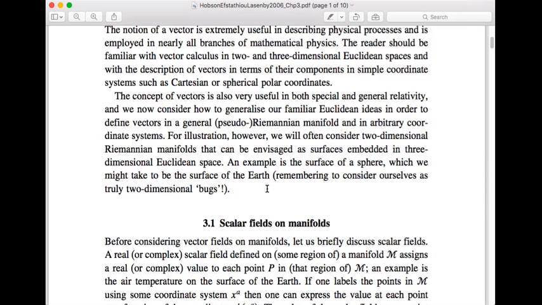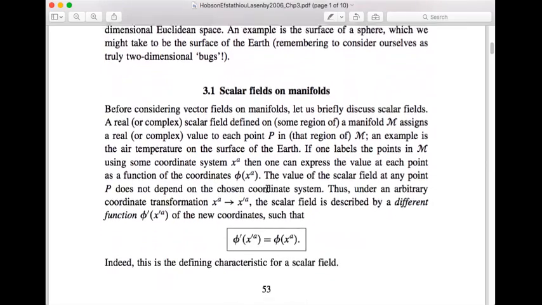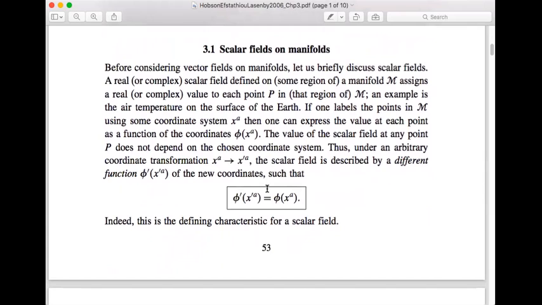In other words, we're going to use the sphere as our example because it's so familiar, and it really has almost all the mathematical properties we need. There are two big differences. It's two-dimensional instead of four-dimensional, and it's a Riemannian manifold instead of a pseudo-Riemannian manifold.